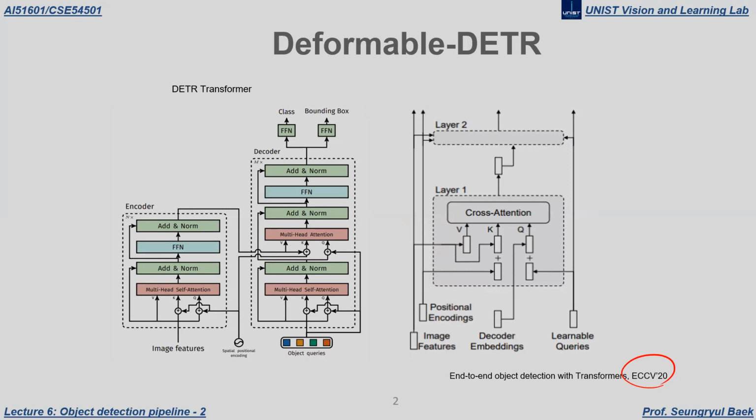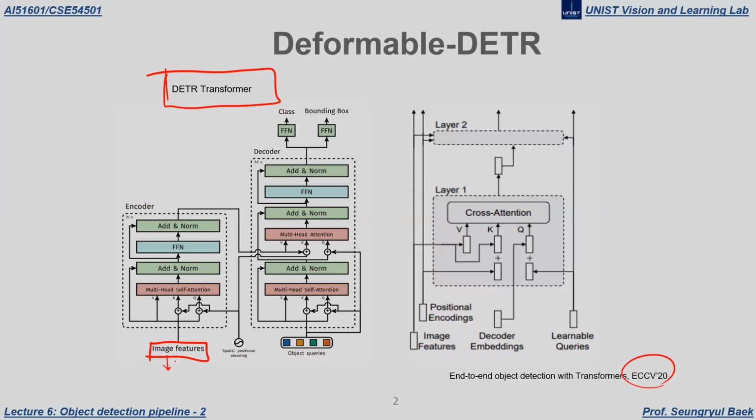Before that, I will briefly review the DETR algorithm. If you are not familiar with this, then please review lecture 4. So in DETR, we are still using some CNN features.